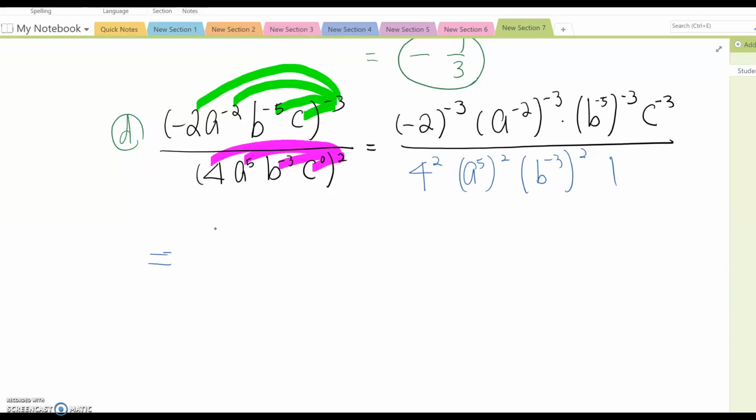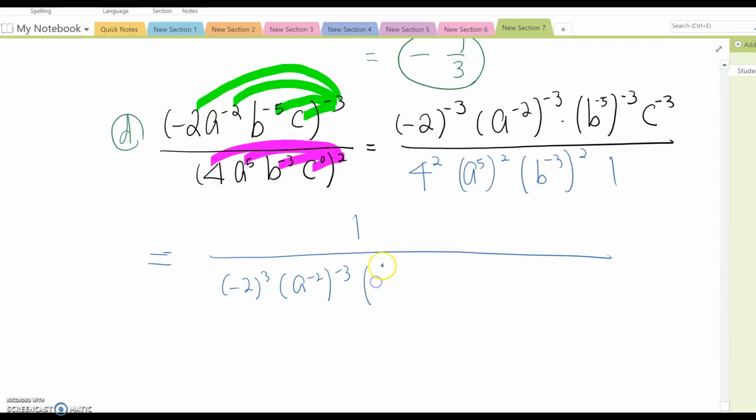So far I can make 1 over (-2) cubed, a^-2 to the negative third, b^-5 to the negative third, and c^-3 from the numerator, and we just keep the denominator: 4 squared, a^5 squared, b^-3 squared.